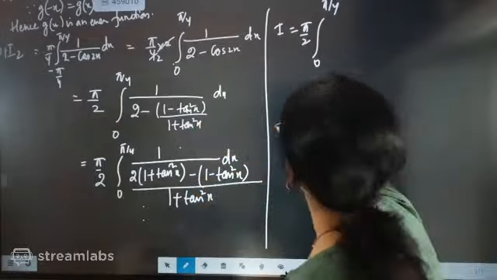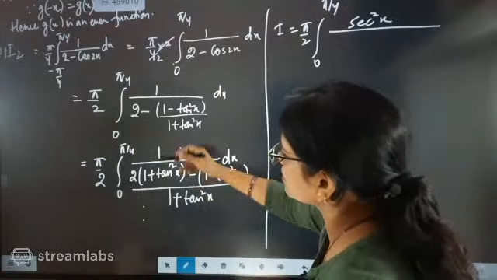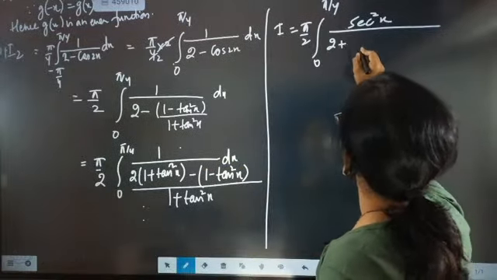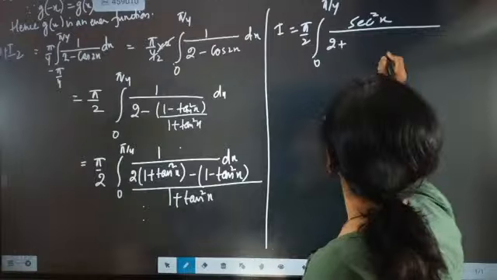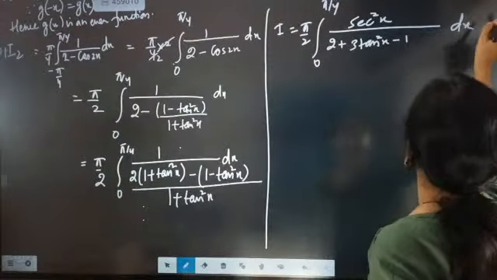Now this section will go up, it will become secant square x. This part will become 2 plus 2 tan square x plus tan square x, 3 tan square x minus 1 dx.